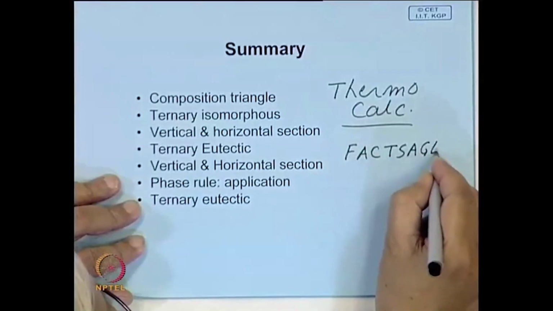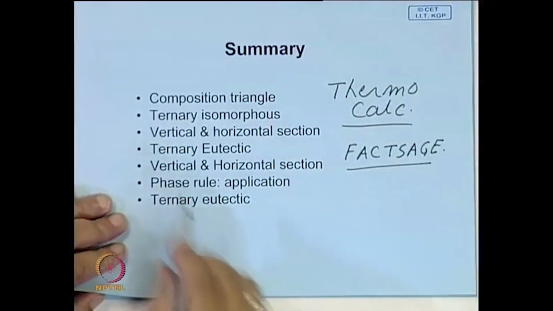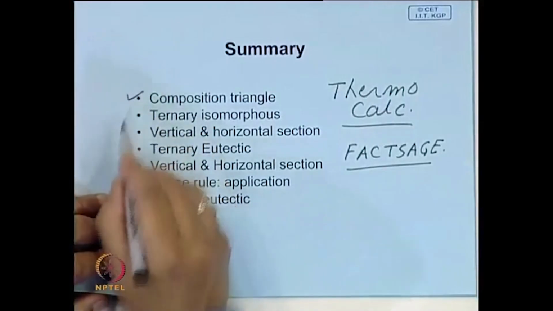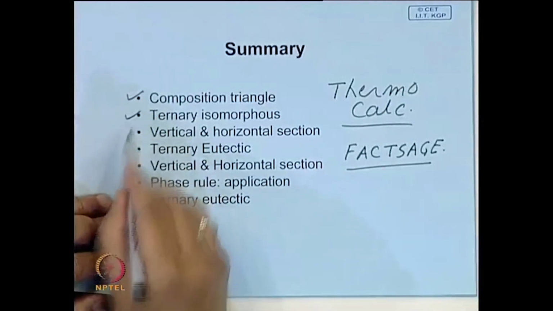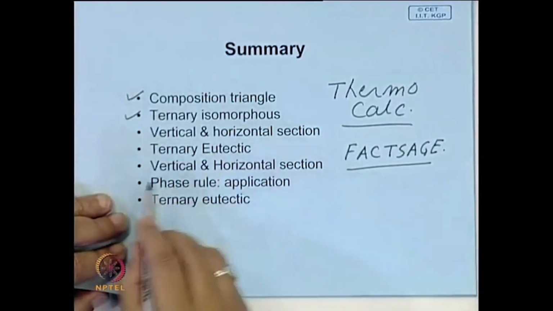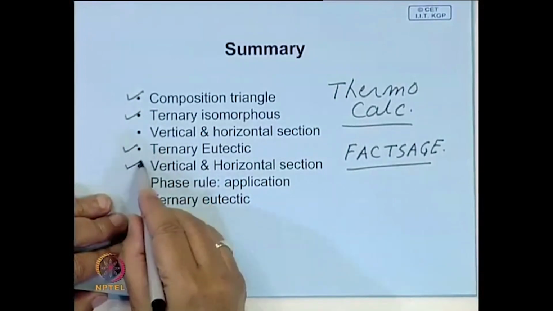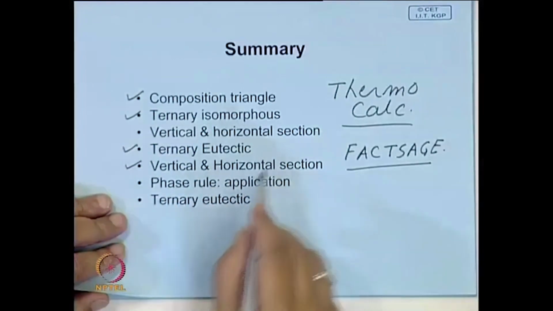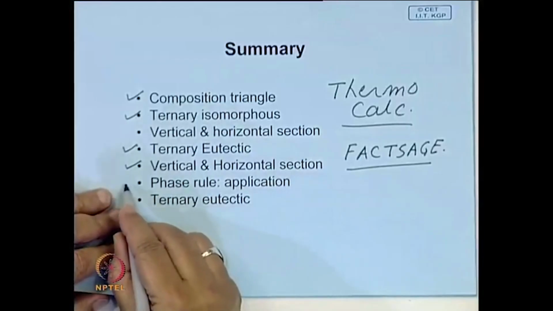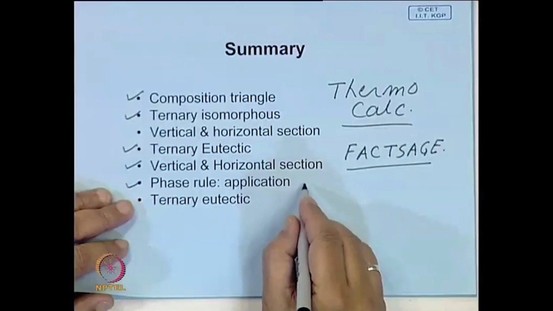So, in short, what we looked at today: we looked at the composition triangle, the ternary isomorphous diagram, and vertical and horizontal sections. We looked at the ternary eutectic and its several vertical and horizontal sections. We applied the phase rule to see whether it is applicable here.